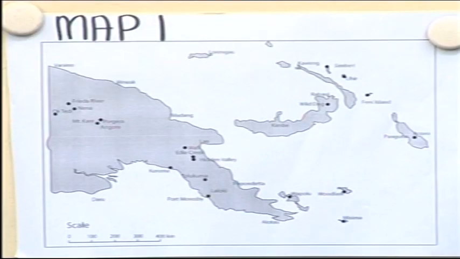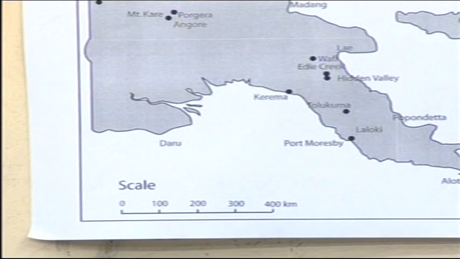Okay, let's look at this example here. Map 1, receiving students and 7Es. All right, on this map, you have a scale, okay? You have a scale, and this map is also found in your workbook, receiving students and 7Es.